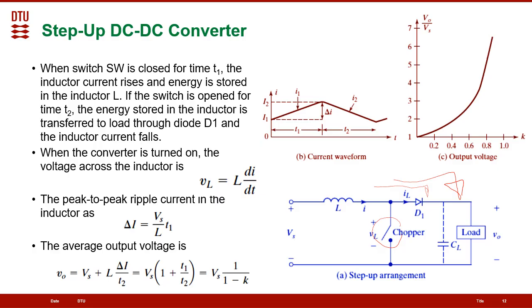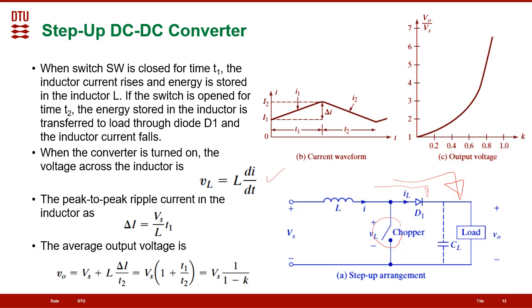As we can see here, the current in the inductor during switch on will start to increase, and at this point the switch is off, so the inductor will discharge through the load. We know that the voltage across the inductor is given by this equation, so ΔI will equal, during the on time, VL equals just Vs, and the time dt will equal T1.